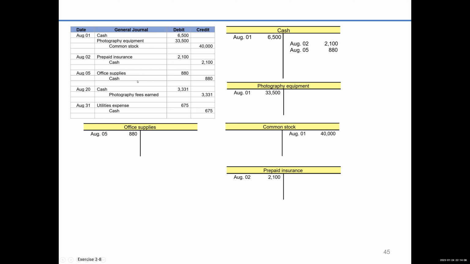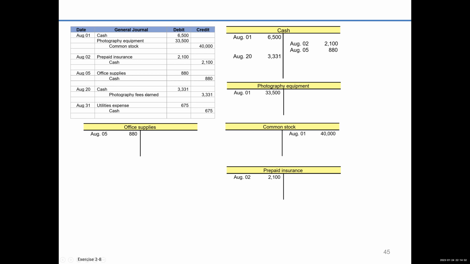Let's go ahead and do August 20. Here, we have a debit to cash of $3,331. Okay, so we're going to post that amount, a debit to cash in the amount of $3,331. We move to the next line.